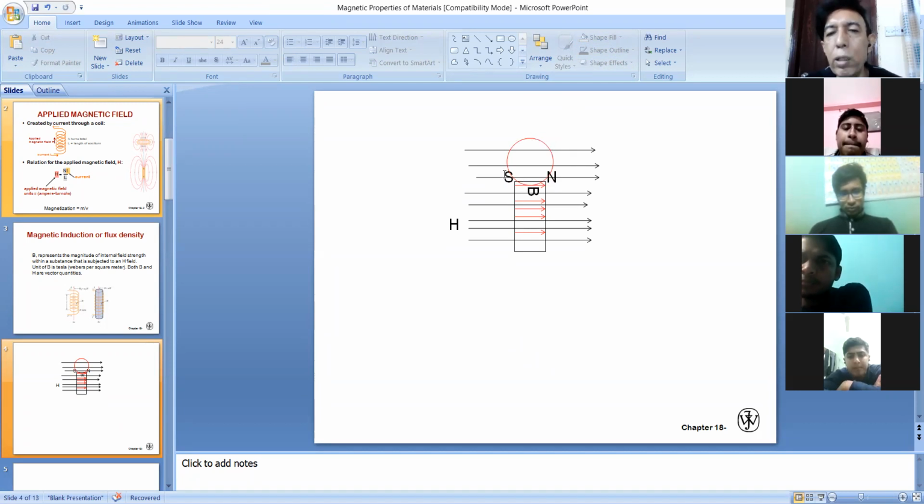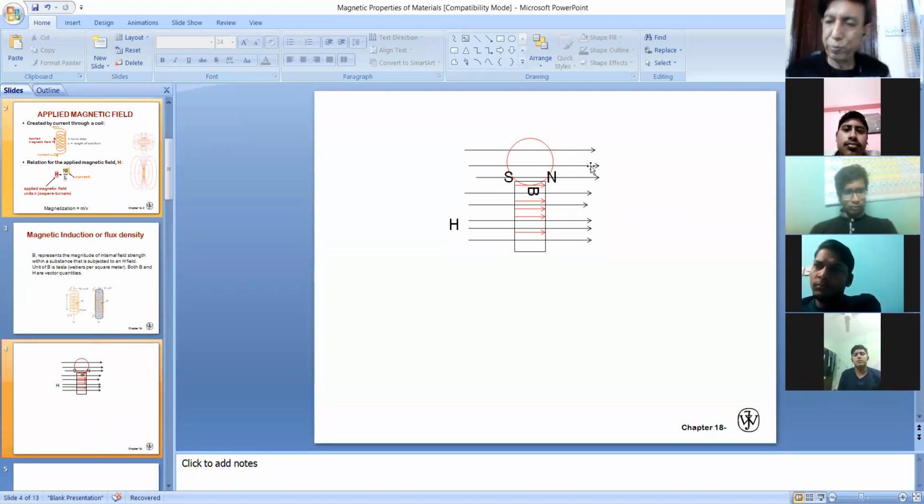This red one will not assist this magnetic lines of forces. It is opposite to this magnetic lines of forces.